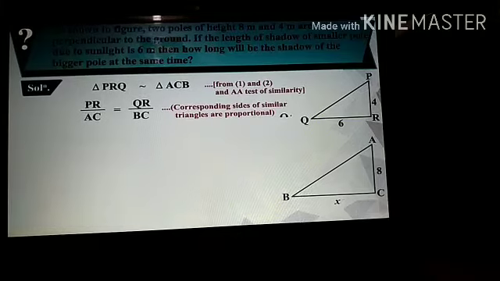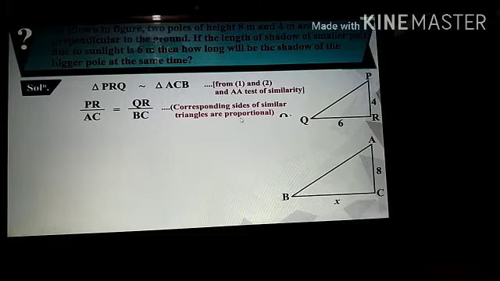Now let us take the ratio of the corresponding sides of the two similar triangles. So I'll write down PR upon AC is equal to QR upon BC. The reason is corresponding sides of similar triangles are proportional. Substitute the values which are known to us.